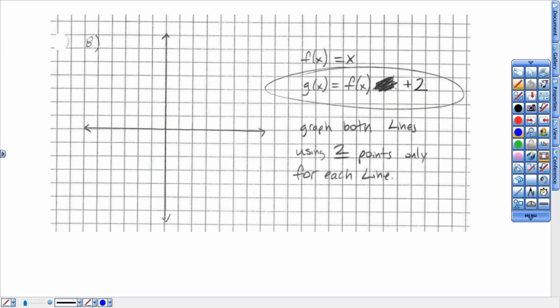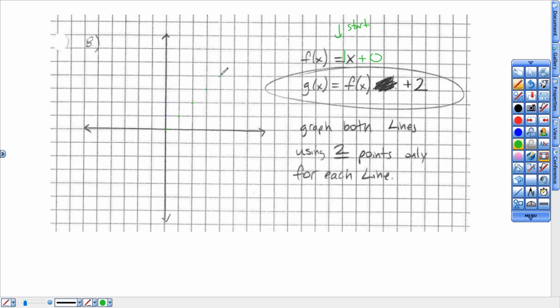All right, here we go, next one. This is the original, the starting line. That line, that x, is really 1x plus 0 in disguise. A lot of people don't see that. So if I graph that starting line at 0, I'm going over 1, up 1, over 1, up 1, but you can see I'm plotting more than 1 point.